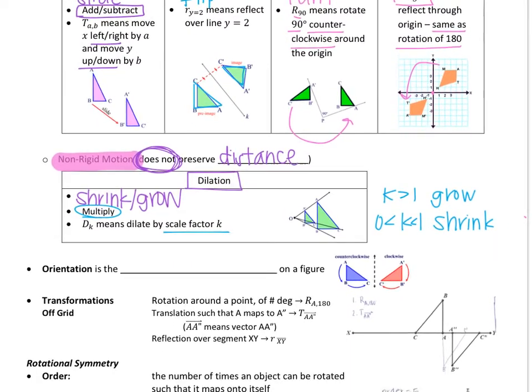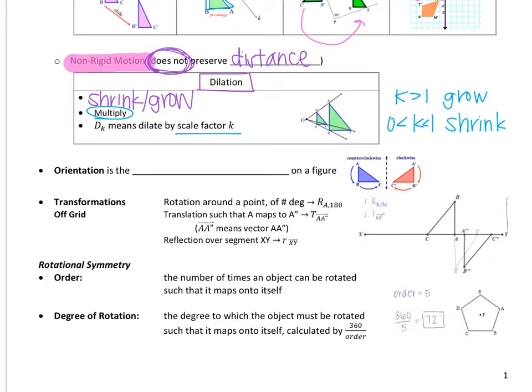A couple other pieces of important information are the following. Next being orientation. Orientation is the order of the letters.